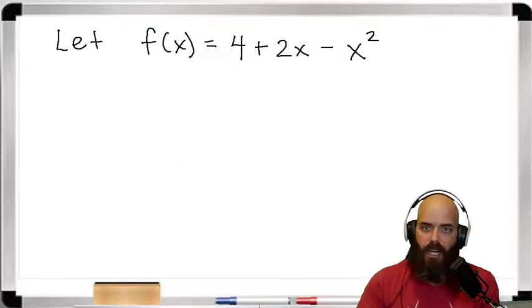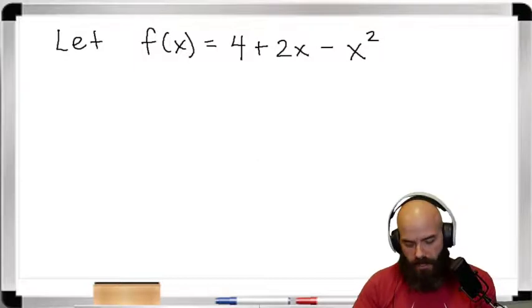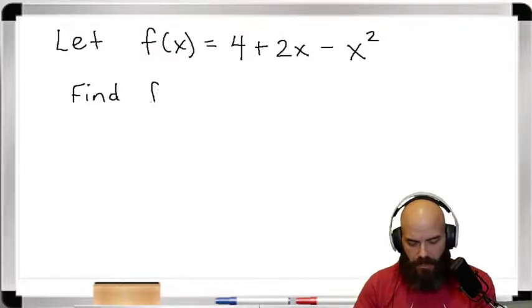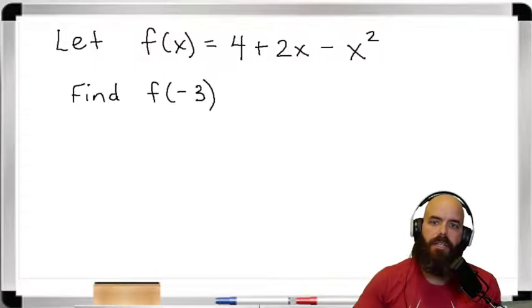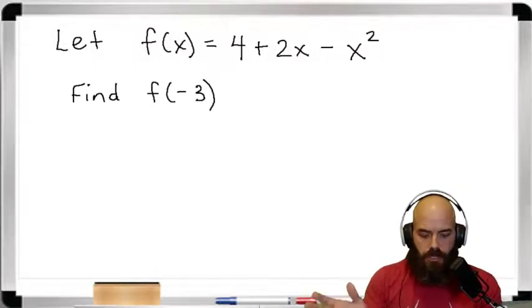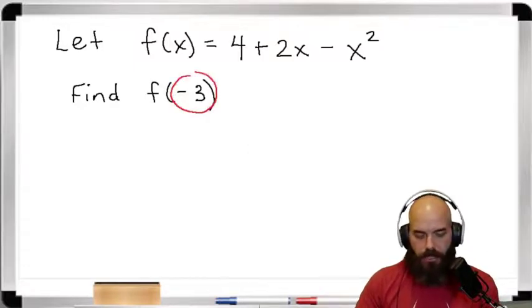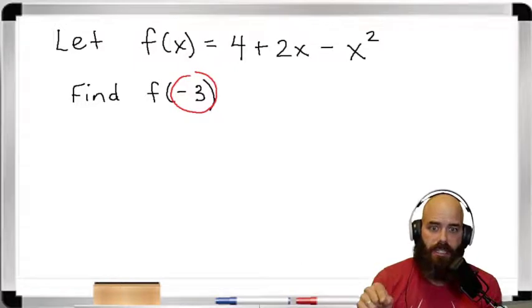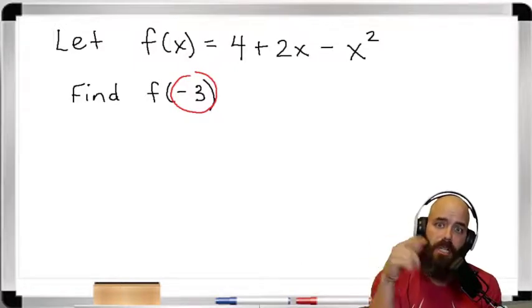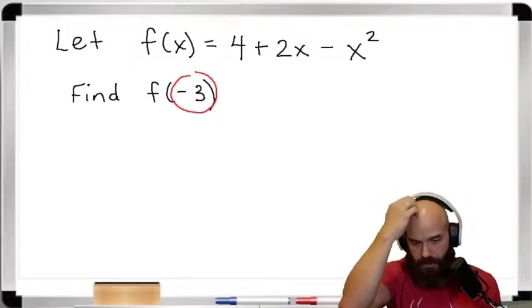So let's first find f of negative, let's say negative 3. F of negative 3. Okay? So f of negative 3, just like before, what we're going to do is we're going to take negative 3. That notation right there is telling me that I want to take negative 3 and plug it into all my x's in my function.